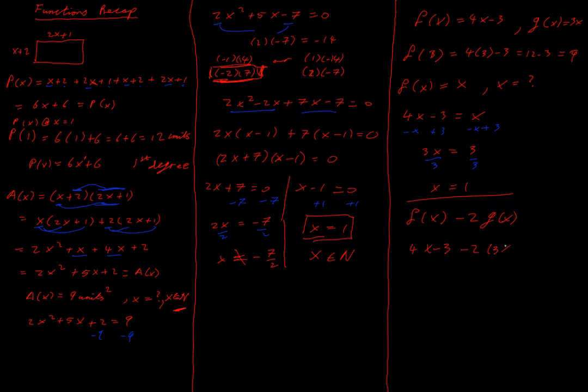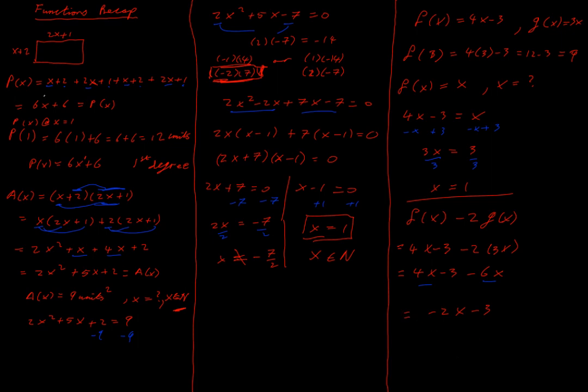Now 4x minus 3 minus 6x. Subtract my like terms. And I always write my highest power of x on the left, going down. So I'd end up with minus 2x minus 3 for my final answer.